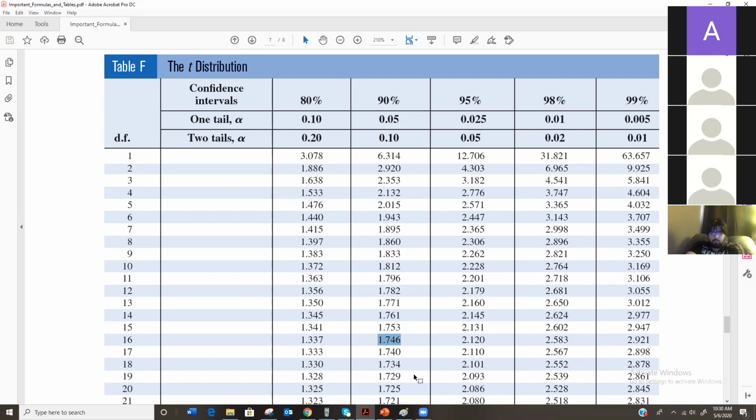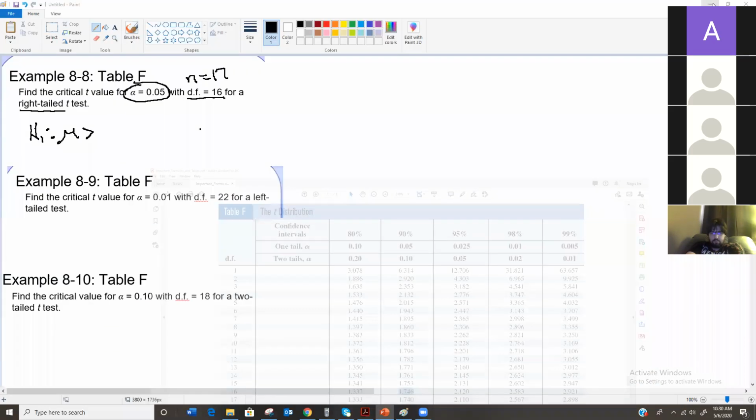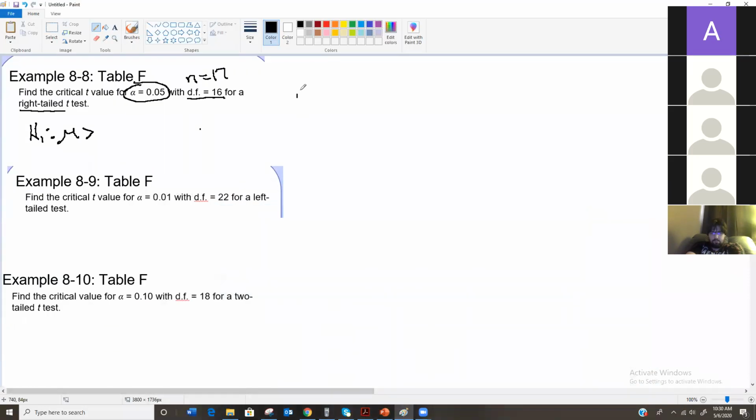It's not going to be 1.748. I'm not going to give you anything that close in making your decision. So just do whatever Connect Math does on your homework, and on the test, whatever you think is easiest. So 1.746 or 1.75, either one would be fine. Do I need the negative on it?